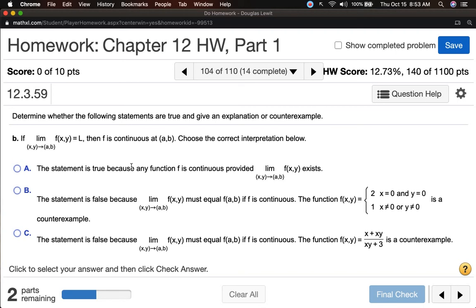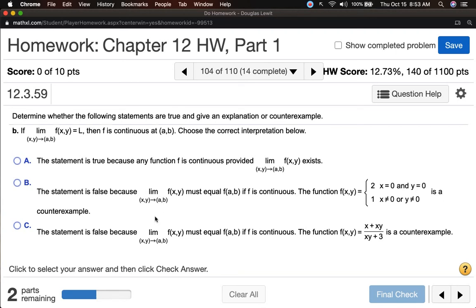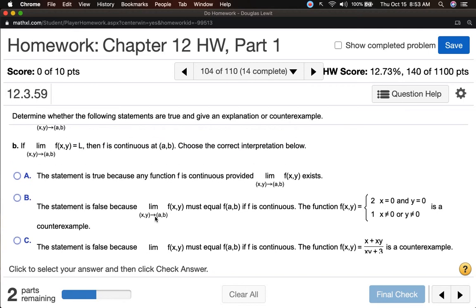So the statement is going to be false. The statement is false, but I'm trying to figure out which false. Is it B or C? So the statement is false because the limit as x and y approach a, b of f of x and y must equal f of a and b if f is continuous.